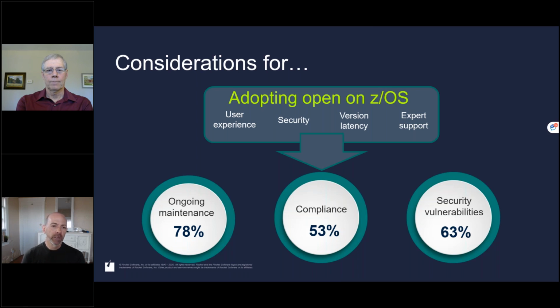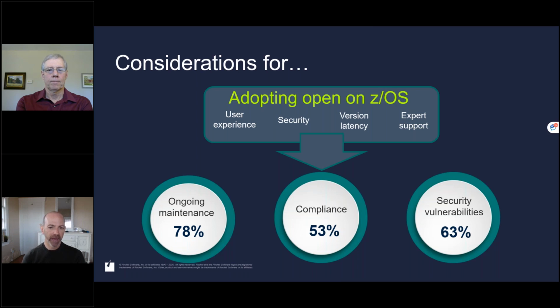Security is a huge concern, making sure that the developers in your organization are going to someplace safe to get open source where you know the provenance of that open source, as well as version latency, which is also really security concerned in that you want the latest versions that have the latest fixes to the most recent security vulnerabilities that have been discovered for various applications.